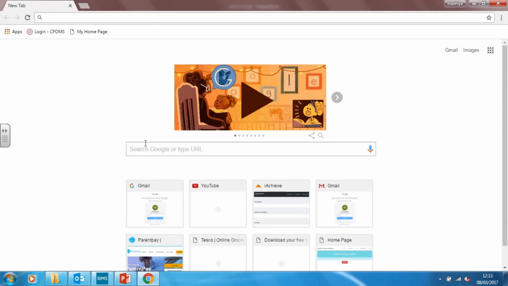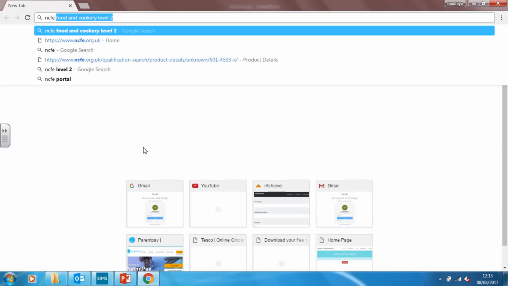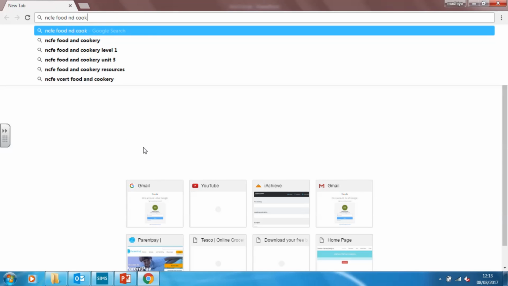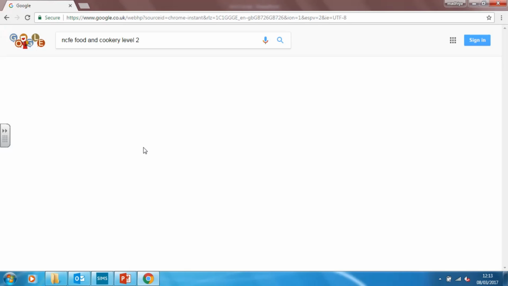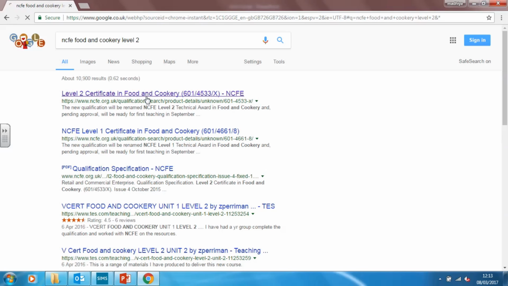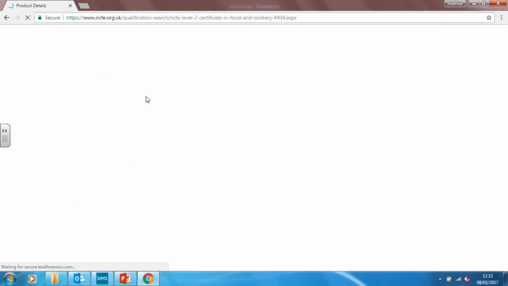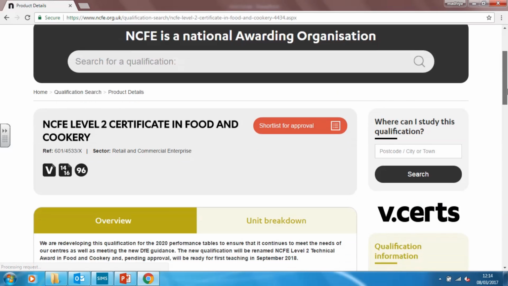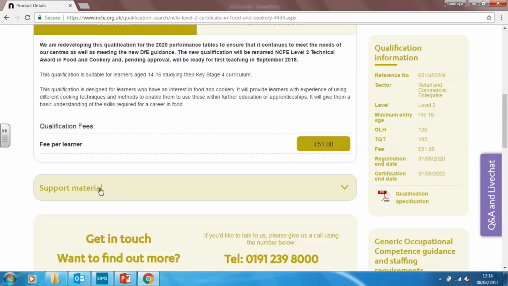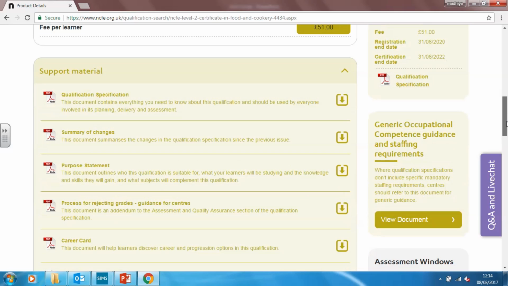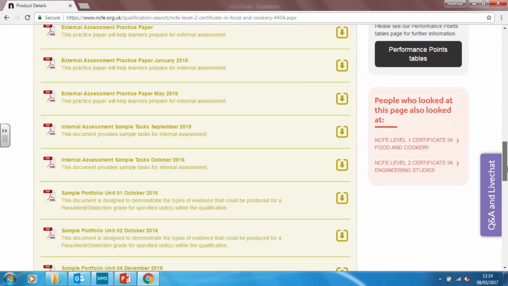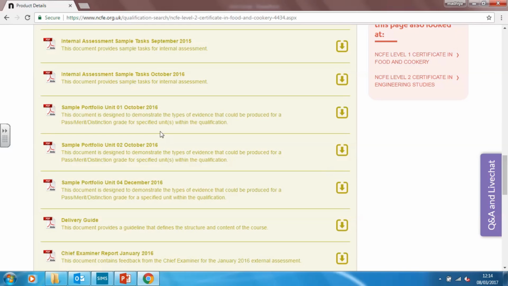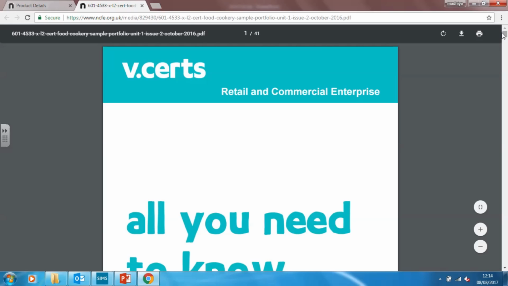If you go onto Google and type in NCFE Food and Cookery Level 2, when it comes up, it's the first one. You click that, you scroll down, and where it says support material, click that, go down, and where it says sample portfolio unit 1, open that up and scroll down the document.